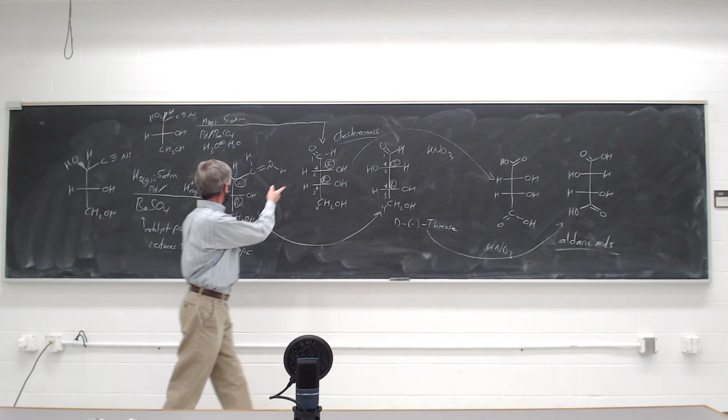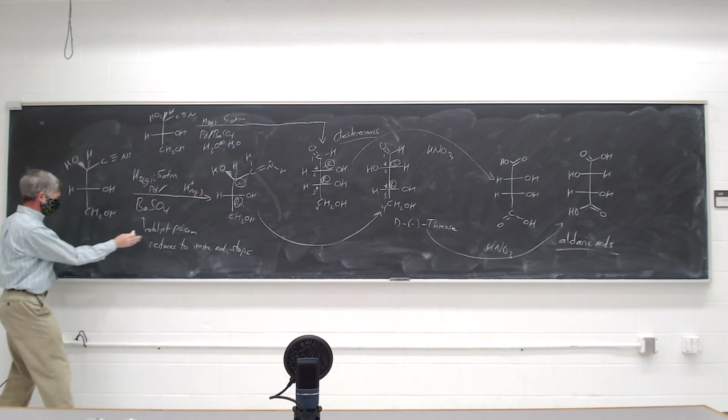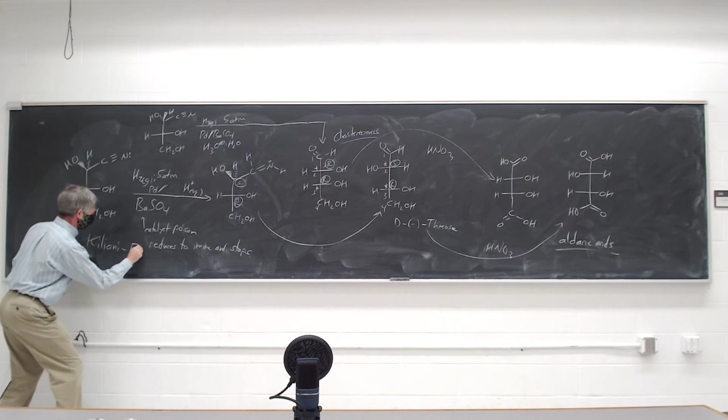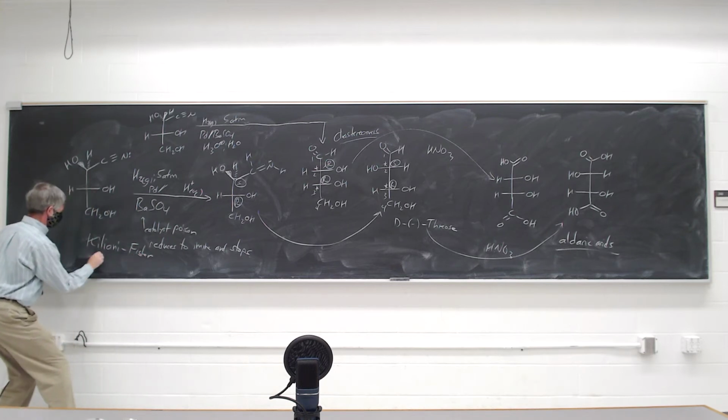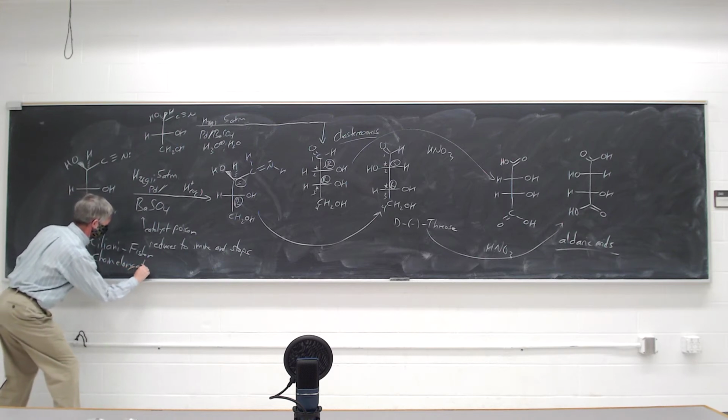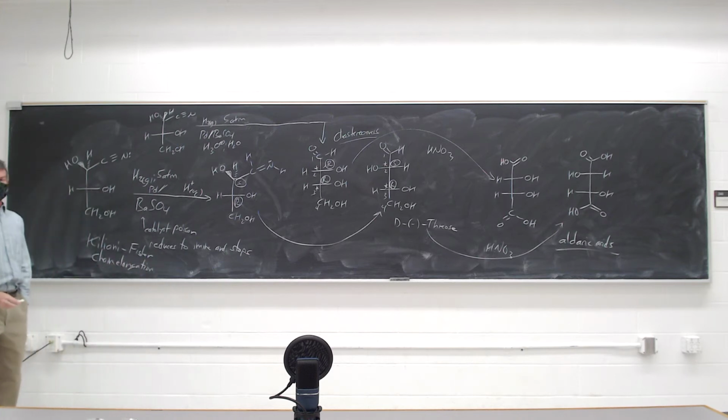So we've elongated the chain. This is the Kiliani-Fischer chain elongation, by making a new carbon-carbon bond to make the cyanohydrin and then selectively reducing that cyanide group to the imine and hydrolyzing the imine to generate the aldehyde.